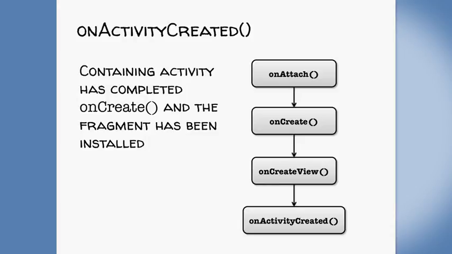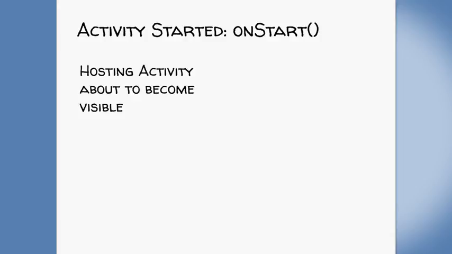Now, while the fragment is attached to the hosting activity, its lifecycle is dependent on its host's lifecycle. For example, if the hosting activity is about to become visible, it will receive a call to its onStart method. The fragment, therefore, will also receive a call to its onStart method.